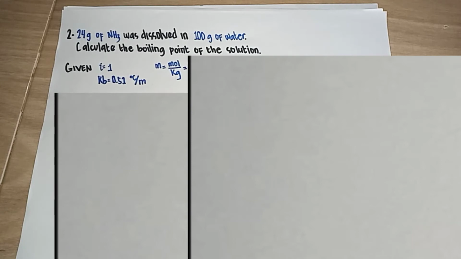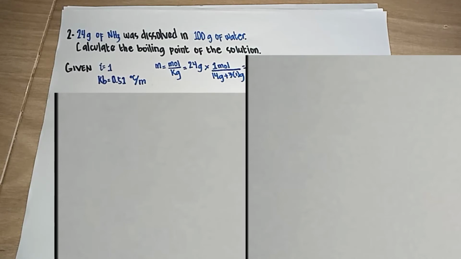Para makuha naman ang molality natin, we should use the formula molality is equal to the mole of solute divided by the kilogram of solvent. Since ang given na solute ay nasa gram, kailangan natin ito i-convert into mole. So 24 grams of ammonia times 1 mole of ammonia divided by the sum of the atomic weight of the nitrogen and hydrogen.